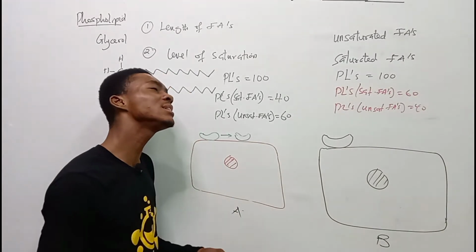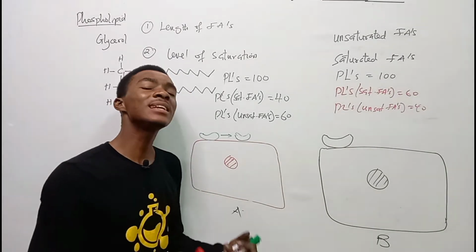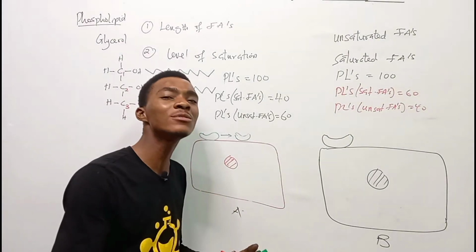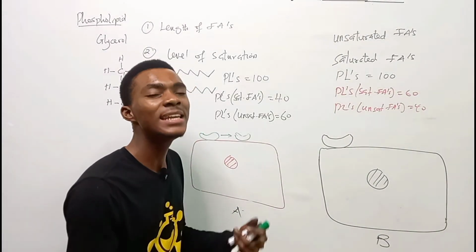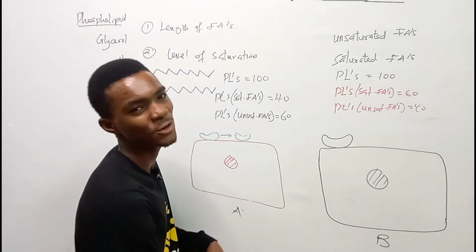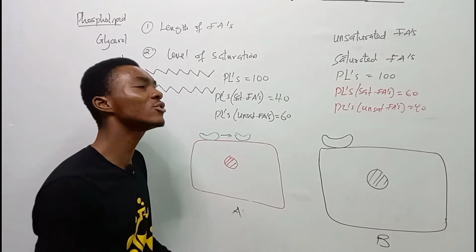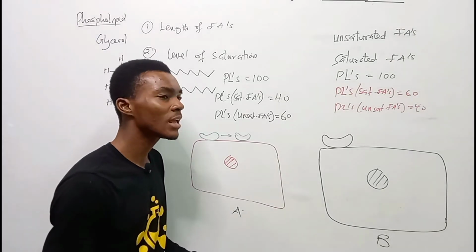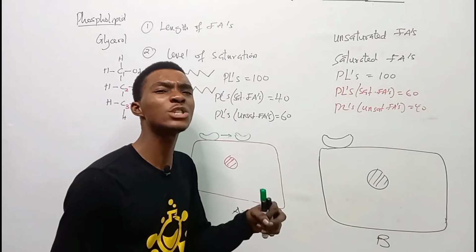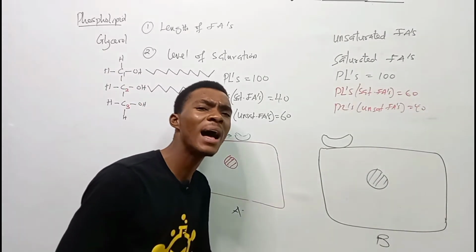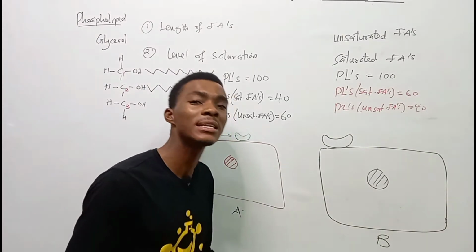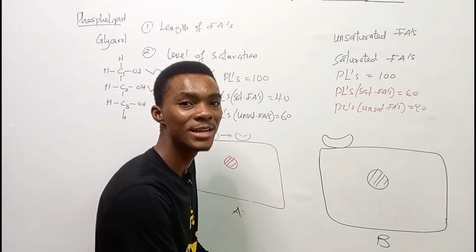The rule says that increasing the number of phospholipids with saturated fatty acids over the phospholipids with unsaturated fatty acids in the cell membrane decreases the membrane's fluidity.